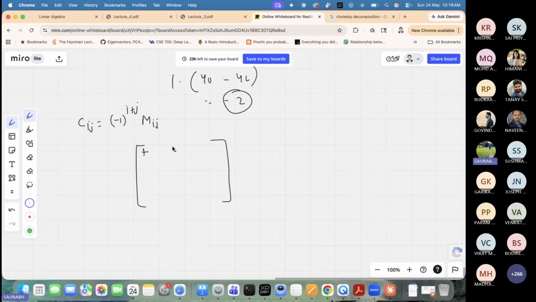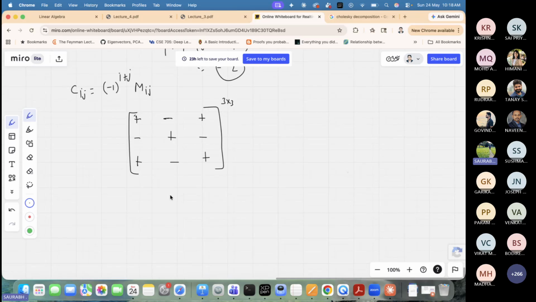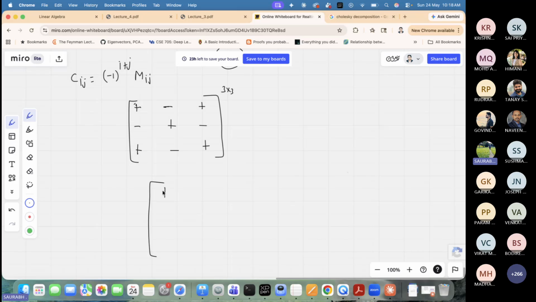For the 3 cross 3 matrix, the next would be negative, then positive. Here it is positive, here negative, positive, positive, negative, negative, positive. So it is all alternating plus and minus. If you have a larger matrix, you will see plus, minus, plus, minus, and so on. This is how it would look.